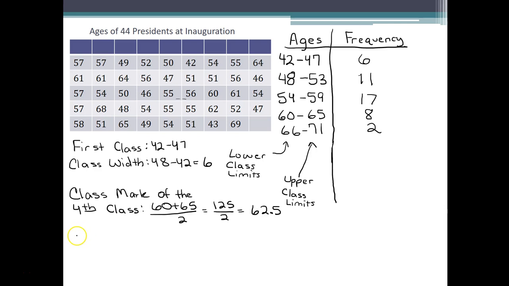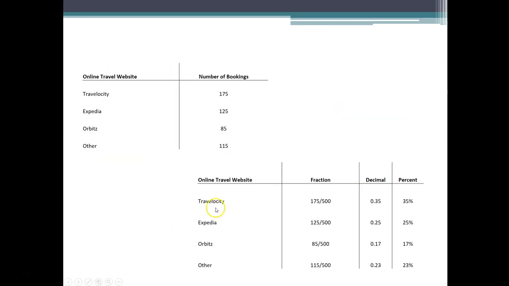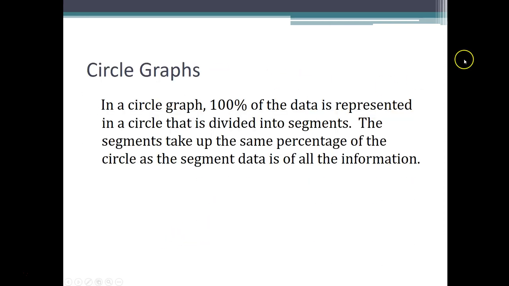And then as far as the modal class, in this case, it's the 54 to 59. Has the highest frequency.